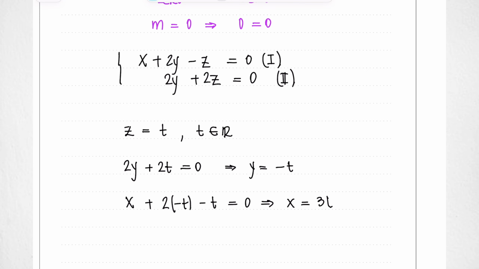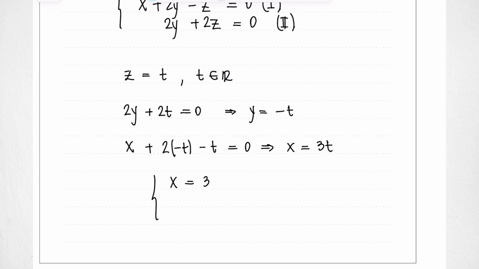Therefore, x equals 3t. Now, the solution is a line, with parametric equations x equals 3t, y equals negative t, and z equals t, where t is a real number. The direction vector of this line, by the way, is (3, -1, 1). And we can see also that it crosses the origin.